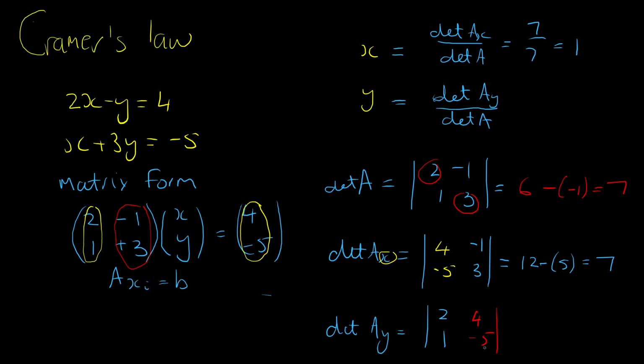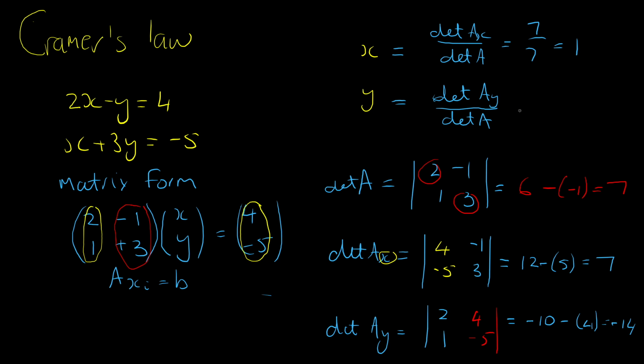You can see the y column is now substituted with the answer, and we get the determinant. 2 multiplied by minus 5 is minus 10, minus 1 multiplied by 4, which is 4. So minus 10 minus 4 is minus 14.